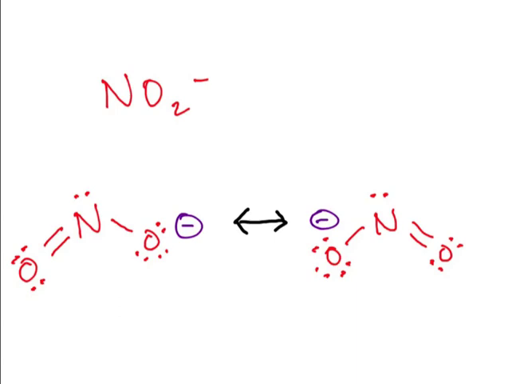Well, what this really represents is that these 2 electrons in the double bond are delocalized and they can be spread across the whole molecule. And so sometimes you'll see this represented as the molecule with a dashed line present across both bonds to show that these pi electrons are delocalized across the whole molecule. And that's why the bond lengths of each of these NO bonds is the same. It's because these electrons are just kind of spread across all of it.